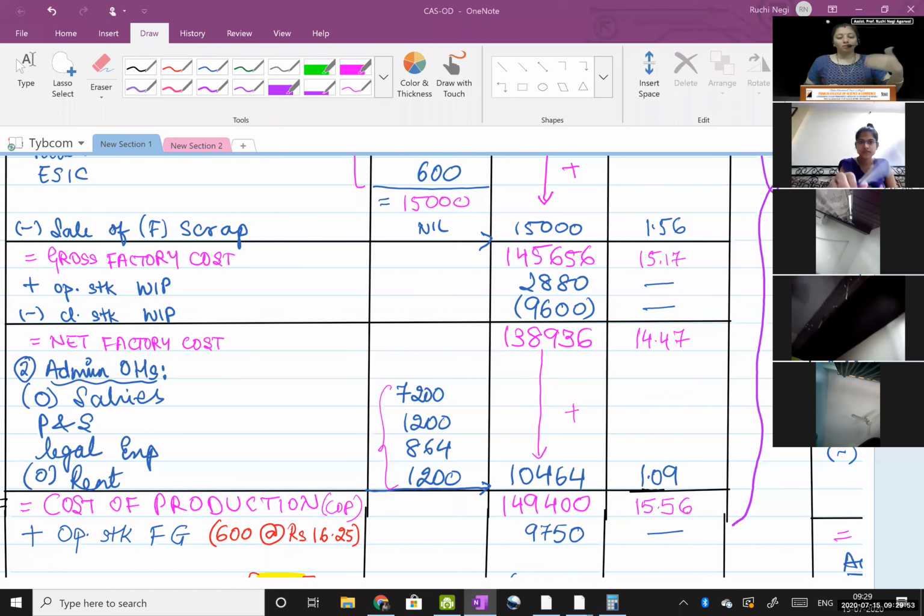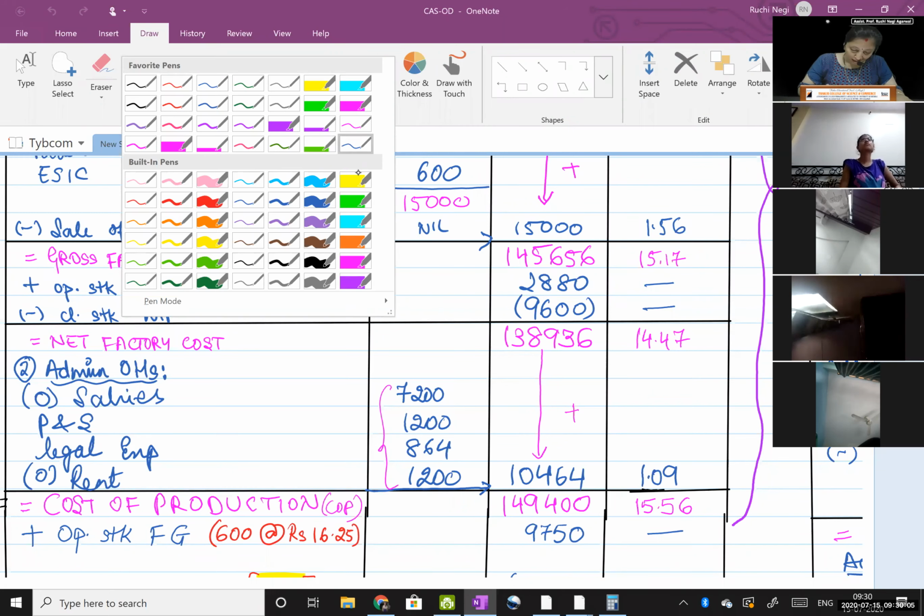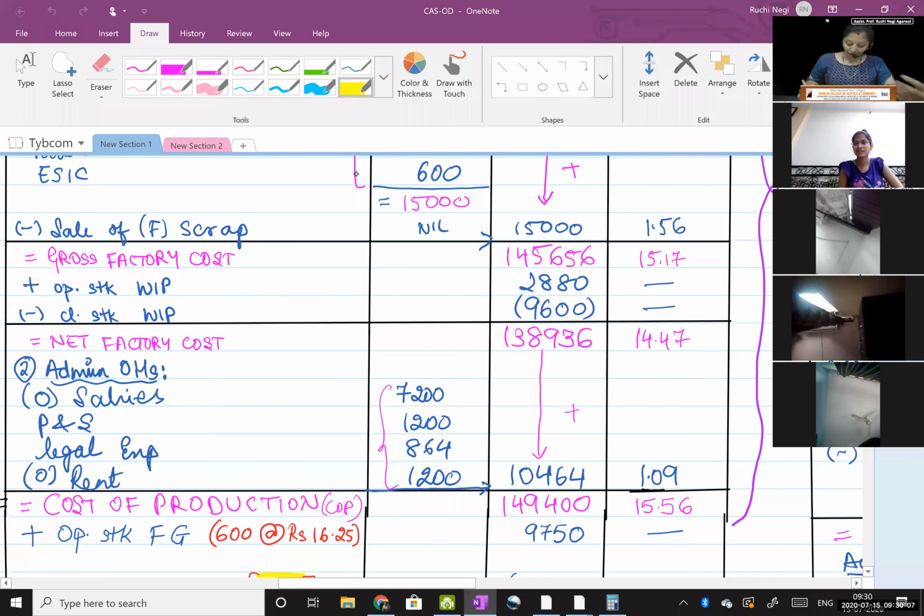Now our work starts of calculating closing stock of finished goods. So we are doing which method? As per the question, we are doing FIFO method. As per FIFO, which rate do we have to take? We have to take cost of production per unit rate, 15.56. Am I clear?